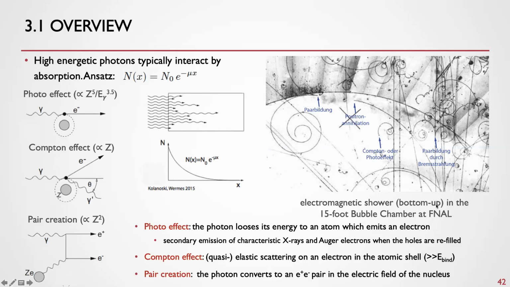The top right plot shows an image from a large bubble chamber at Fermilab, where you have all these different processes. For example, it's fun to look at all the trajectories here and try to figure out what has happened. This one here is nice, where my mouse cursor is. It's a positron, which you can tell from the curvature.